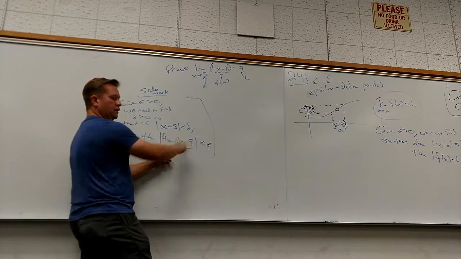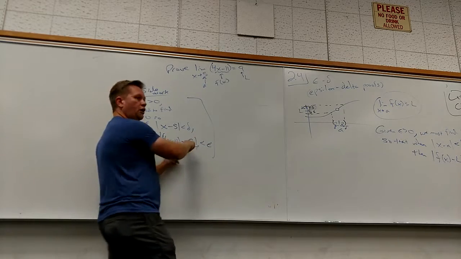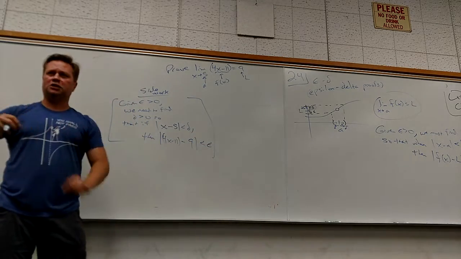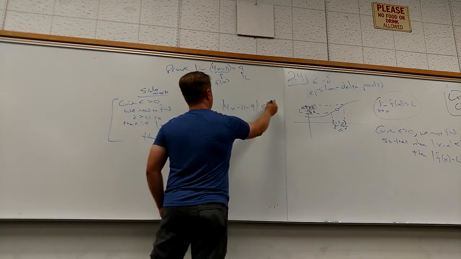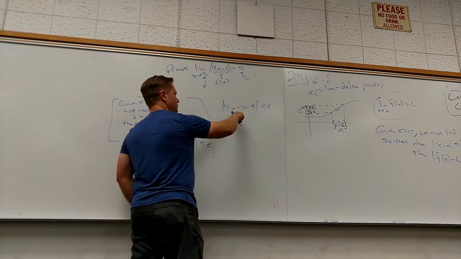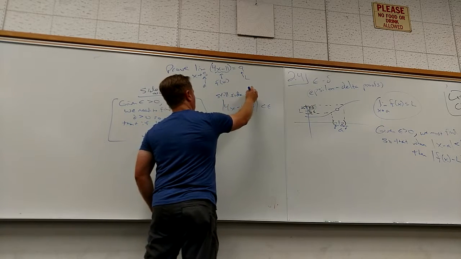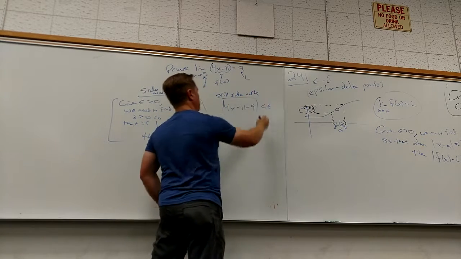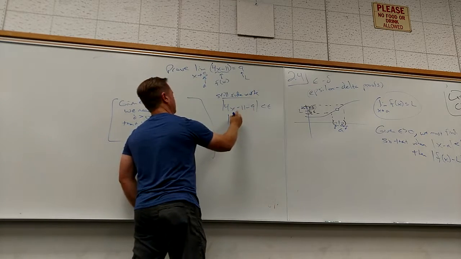So look, I can start here. If I start where I want to be, this is why it feels like cheating. Start at 4x minus 11 minus 9. Help me out. What can I do? What do you get?